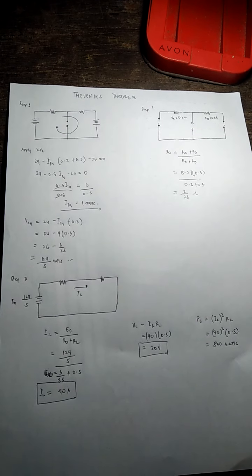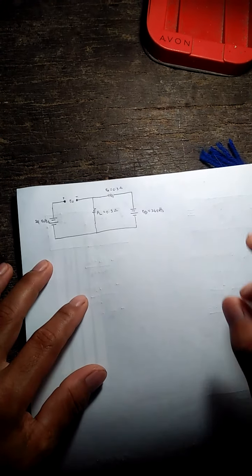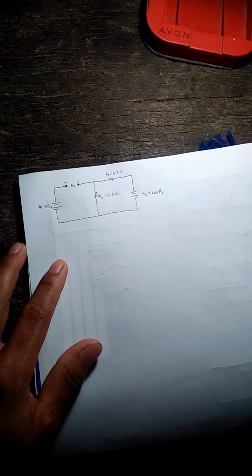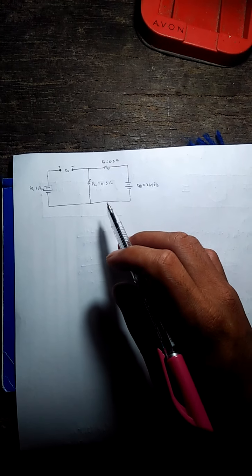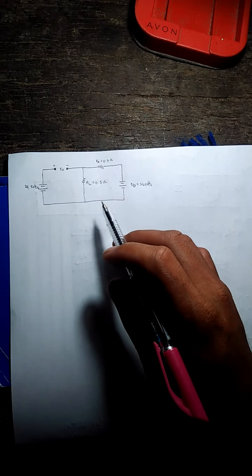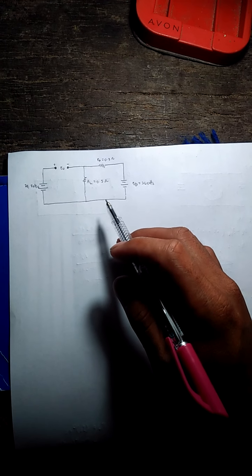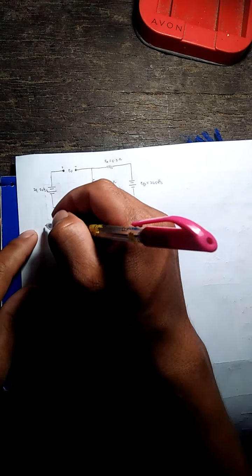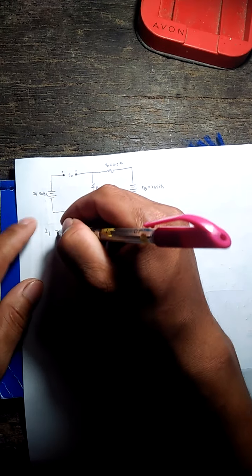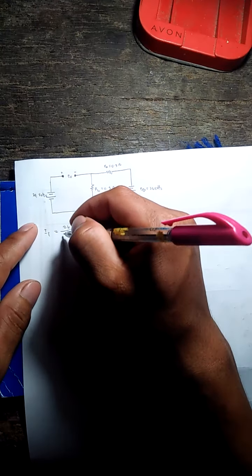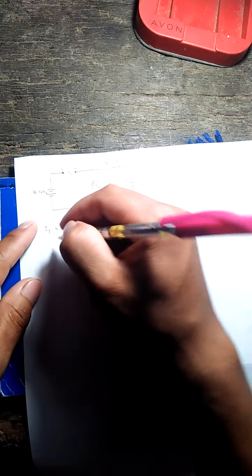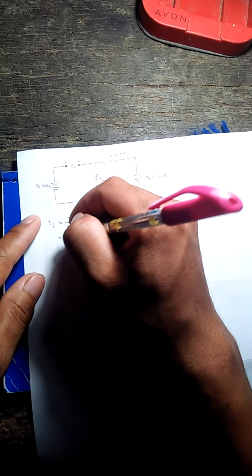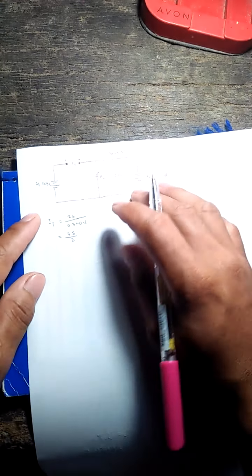So we are now going to solve our IA. In solving IA, we have to redraw the diagram again. We open the R1, our RA. So we have now our IT to solve for. IT is 26 over 0.3 plus 0.5, so it will have 65 over 2.